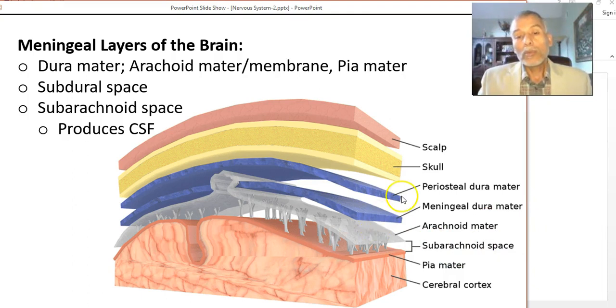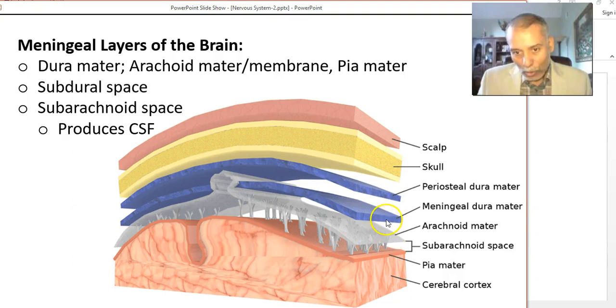I wanted to give you a couple of things so you can remember. When someone has an accident, or sometimes a stroke, you might hear about a subdural hematoma or subdural hemorrhage. So what happens is, here is the dura mater.